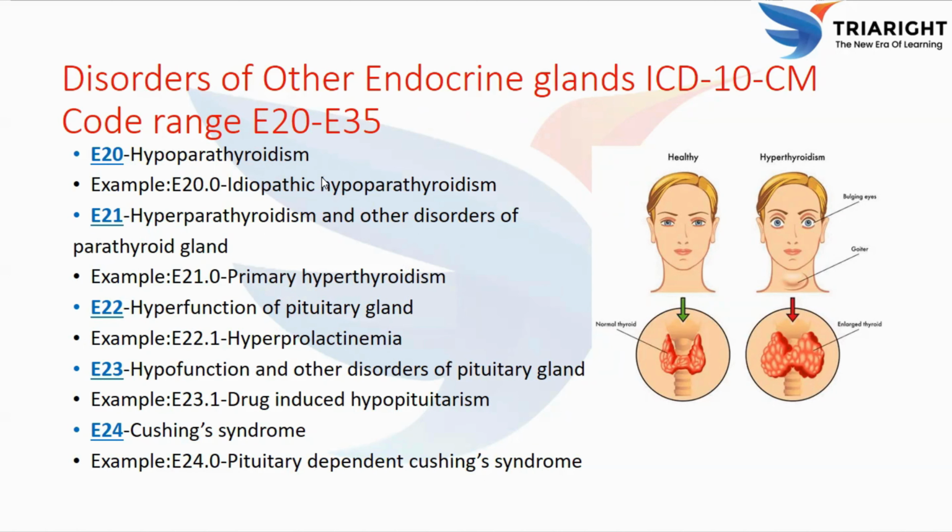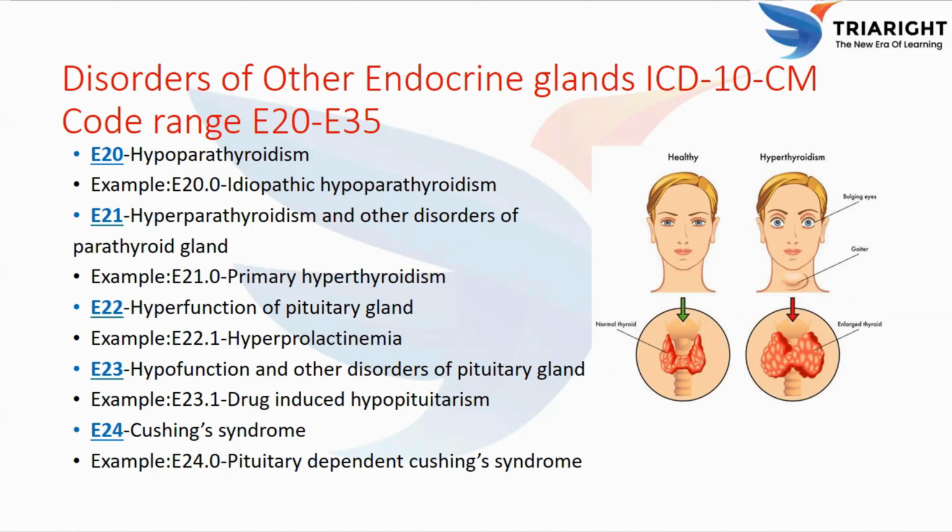Hypo means low, parathyroid means the parathyroid gland, and ism is a medical term for condition. So what are the effects of this condition? You can experience muscle cramps, tingling or seizures due to the absence of the needed calcium in the blood.